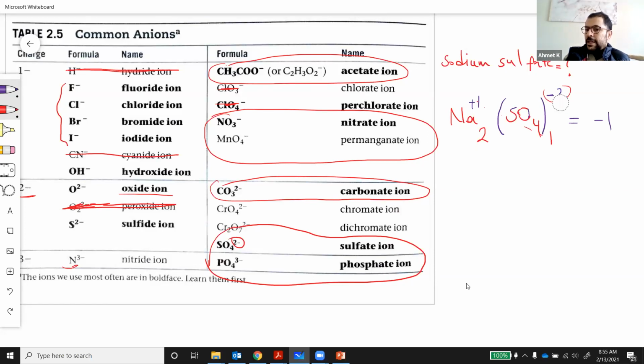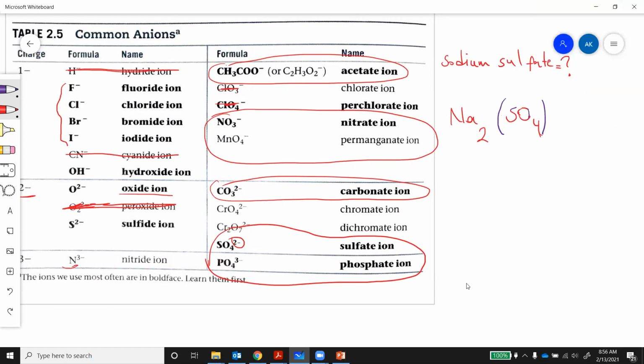Make sense? So now you can erase these charges and you can leave the parentheses, it's okay. And so the formula is going to be Na2SO4. Make sense? Does this make sense, everyone? Yes. Good. All right.